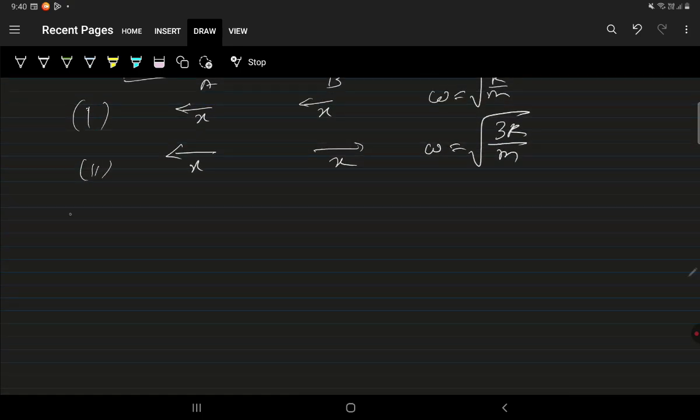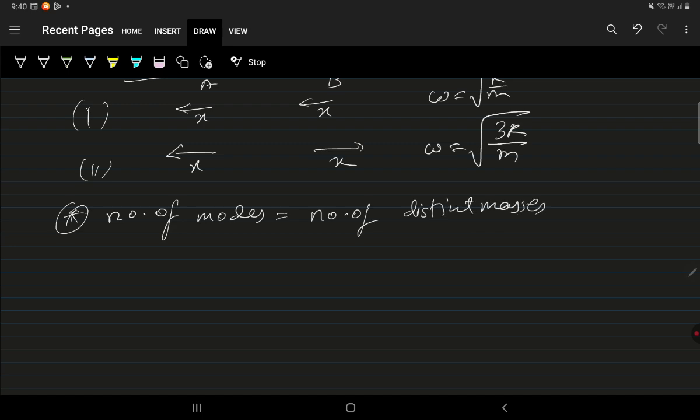Well, one postulate one must remember is that the number of modes is equal to the number of distinct masses, right? Now one may ask about this situation.